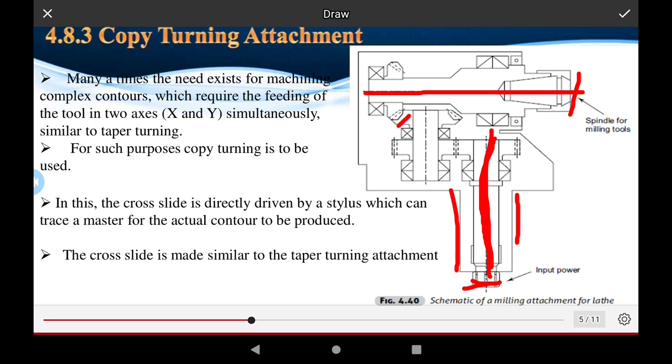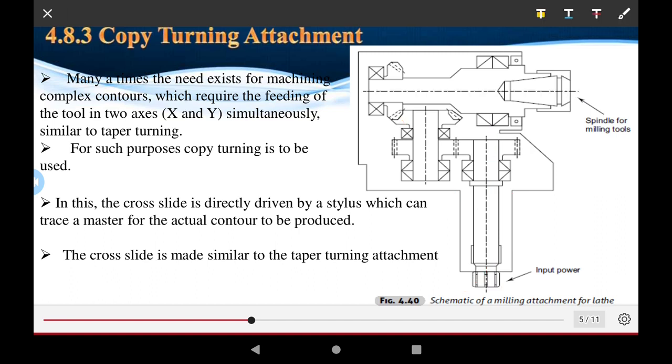This is the schematic of the milling attachment for the lathe operation, for the purpose of copy turning for the machine. The x and y axes work simultaneously, similar to the taper turning in the drawing.